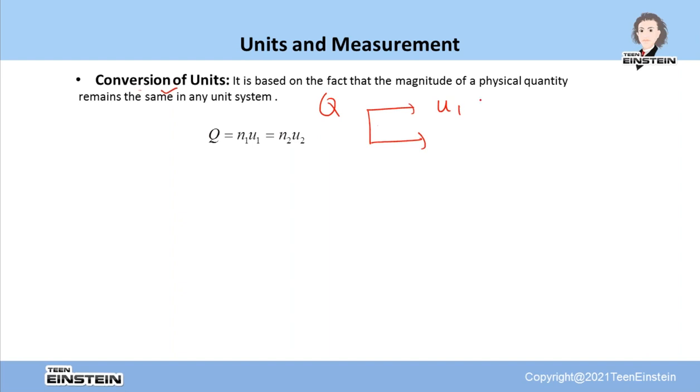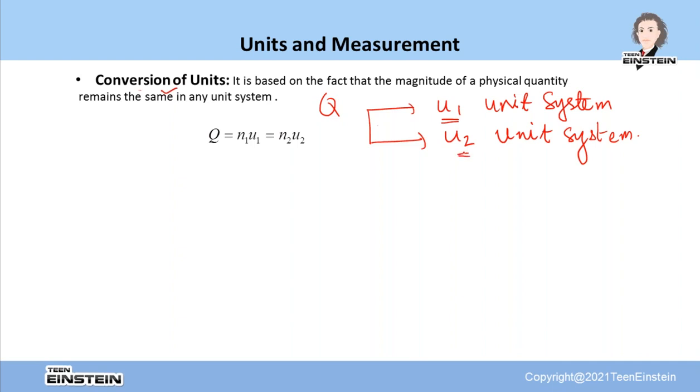Suppose U1 unit system and U2 unit system. So these are two different unit systems, like you have SI, FPS, CGS, etc. I'm just measuring a quantity q in two different unit systems.